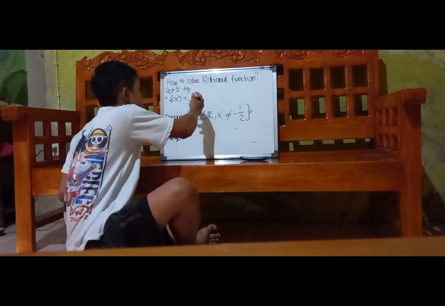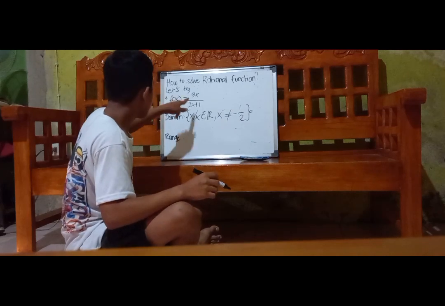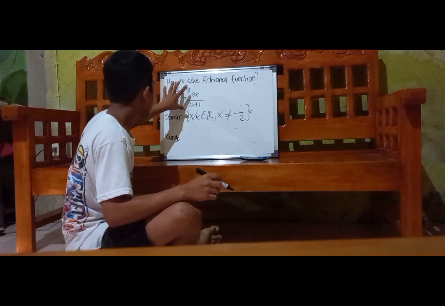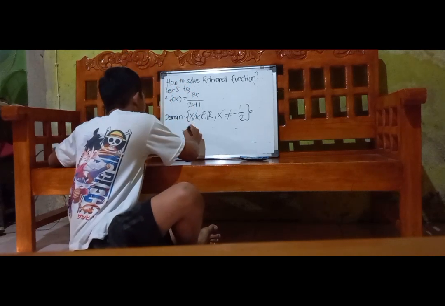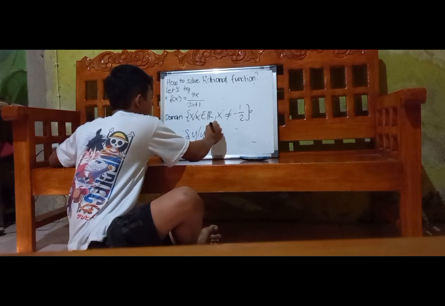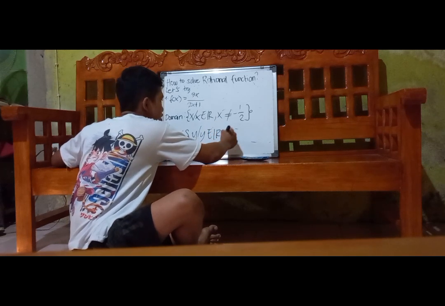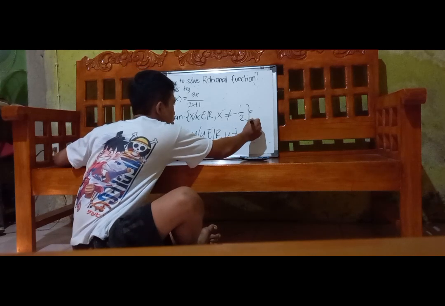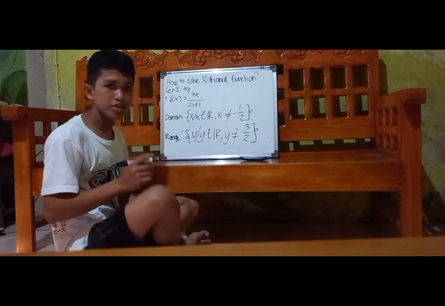And now you're going to divide the coefficients, but it's too small, so you just copy it. And y such that y is an element of the real numbers, where y is not equal to 3/2. And that is the range.